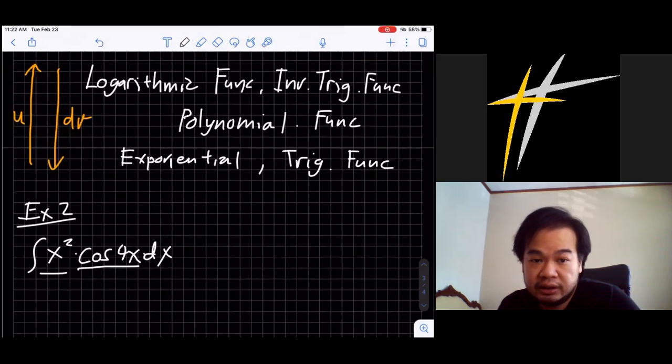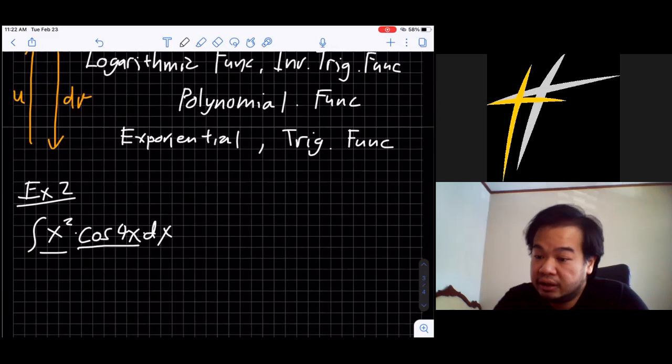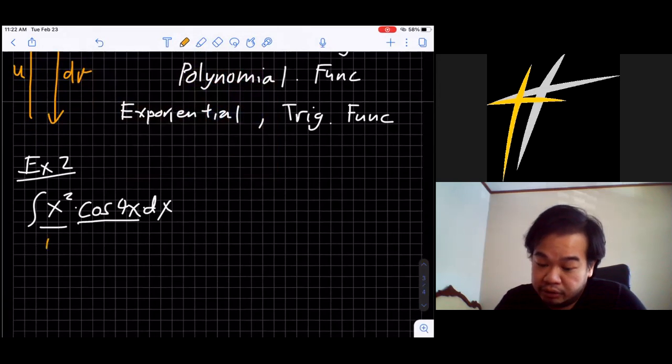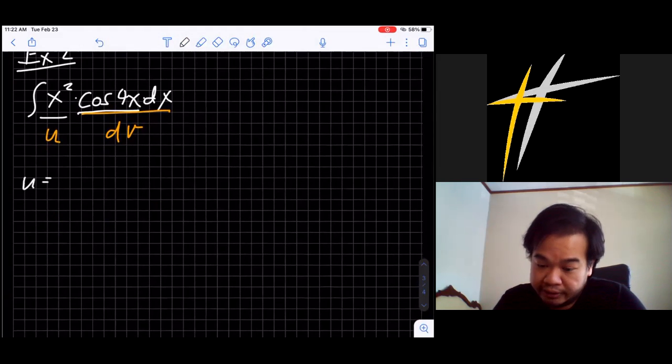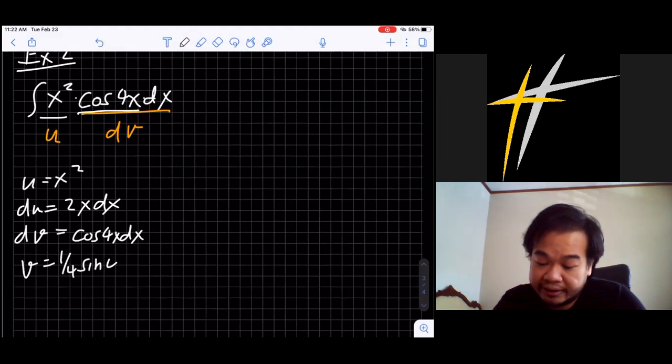If you see the table, of course a polynomial function is higher than a trigonometric function. So this will be your u and this will be your dv. Okay, so let's continue. So u is equal to x squared, so du is equal to 2x dx, and then dv is equal to cos 4x dx, so v is equal to 1 over 4 sine 4x.